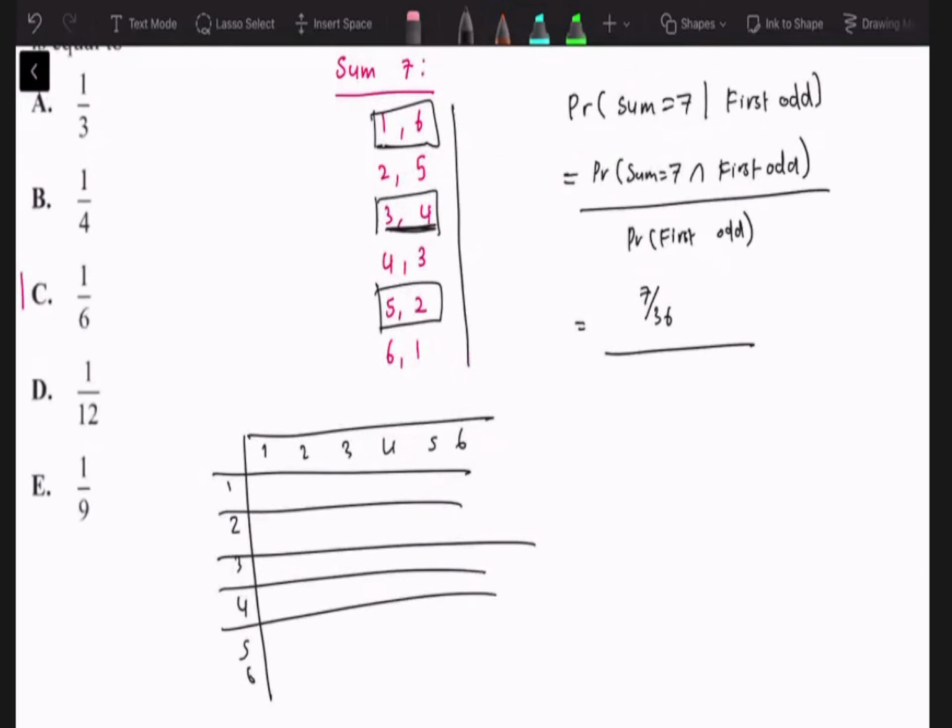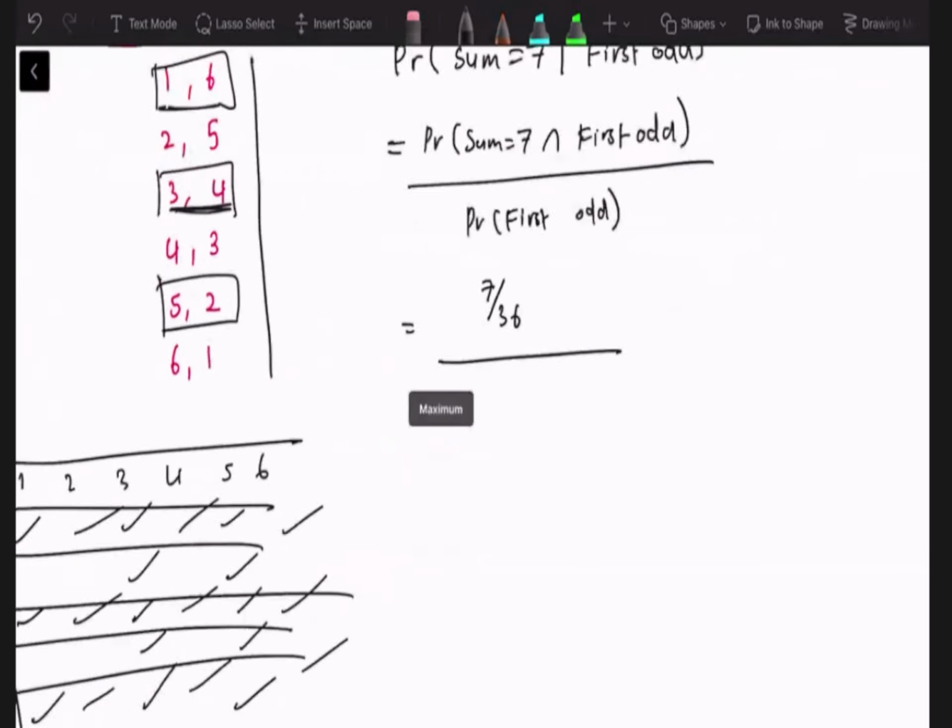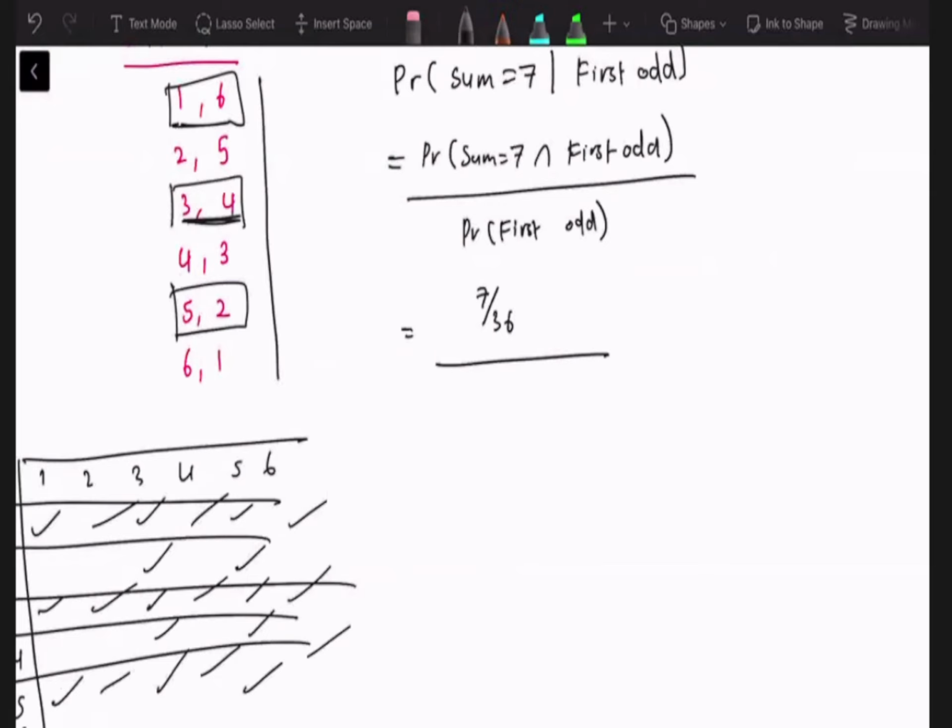Because you have to include this one, this one, this one, and then every column here, and the rows. Yeah, so it's just going to be half. Oh, sorry, this is not 7. This is 3 because there's only 3 that are the intersection.